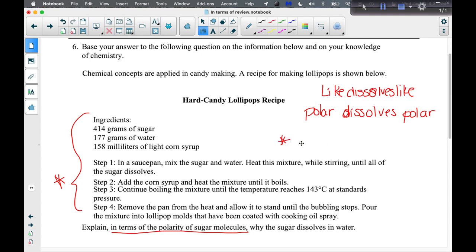So your answer would be that sugar dissolves because it is polar like water. So the reason, in terms of polarity, that something dissolves in water is because it is also polar.